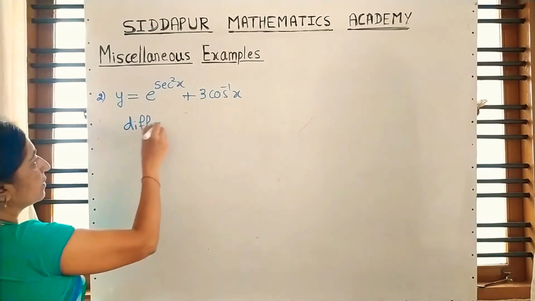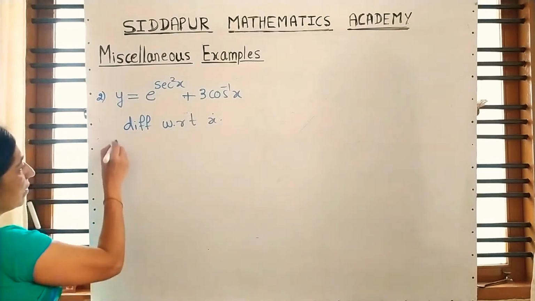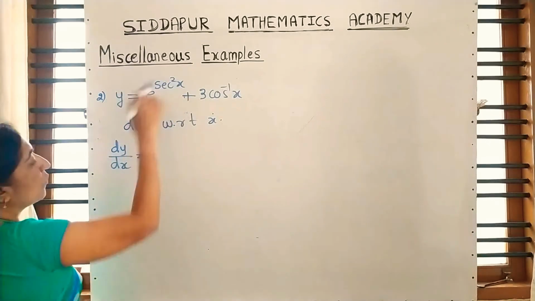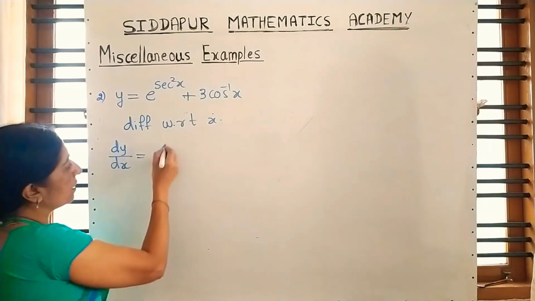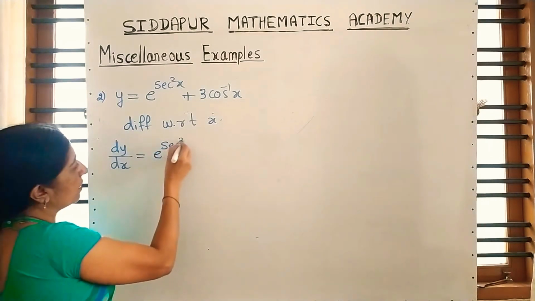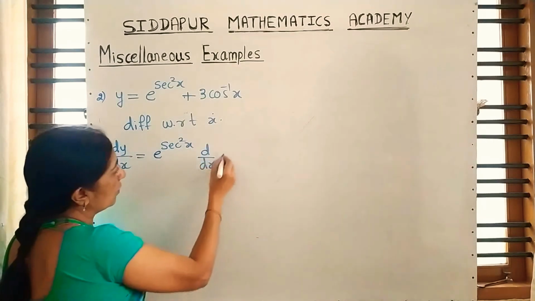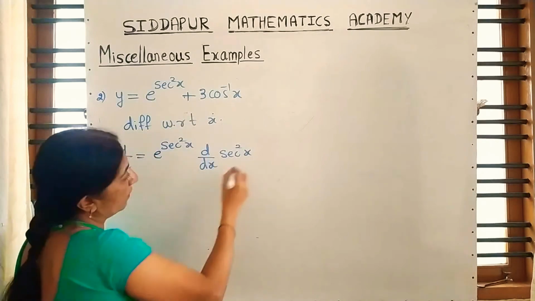Differentiating with respect to x, dy upon dx is equal to, see it is in the form of e raised to x. What is the differentiation of e raised to x? e raised to x only. That is e raised to secant square x into differentiation of secant square x. After that the power.